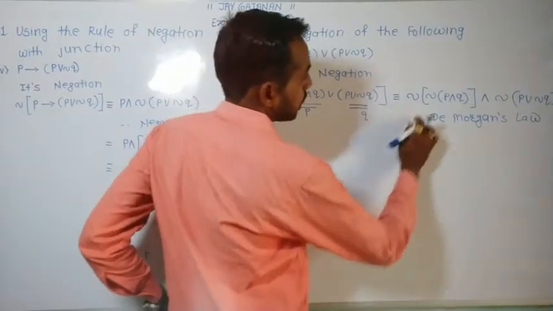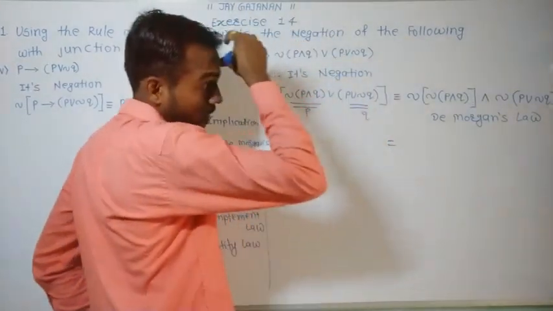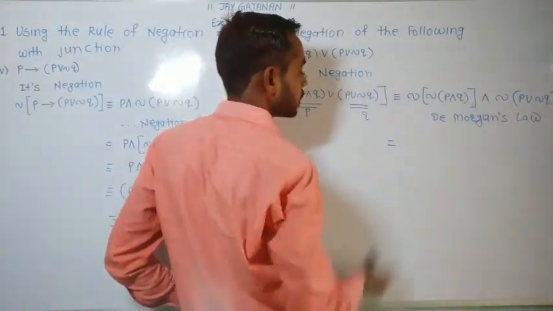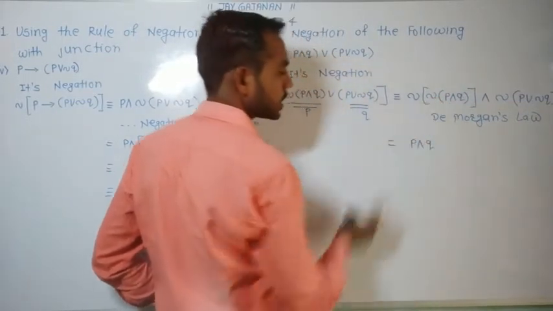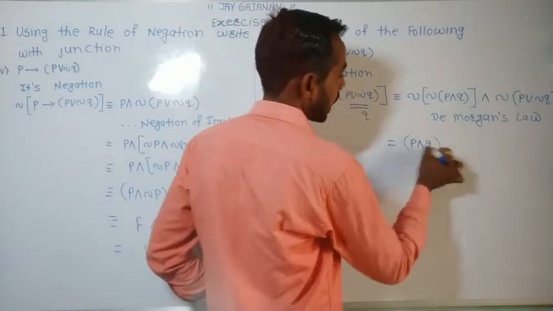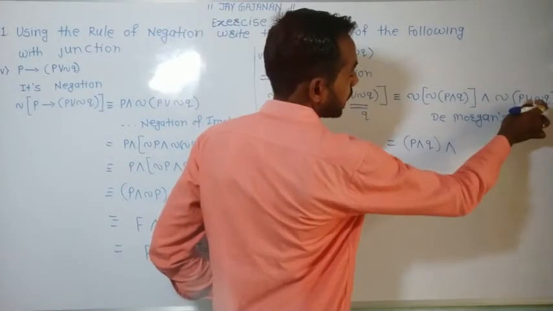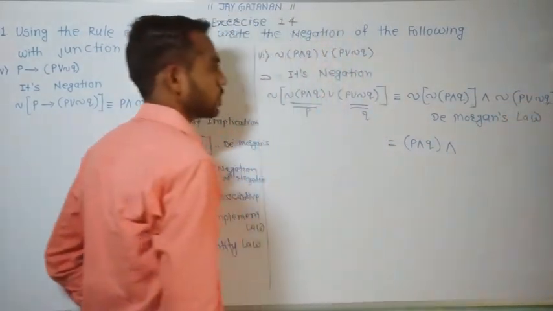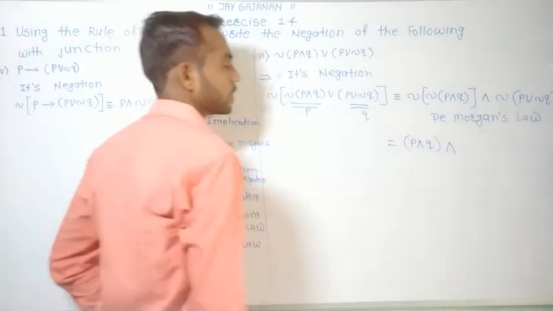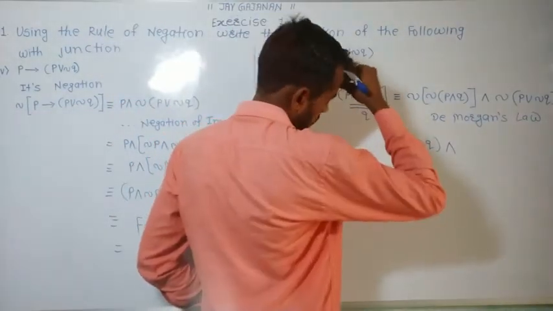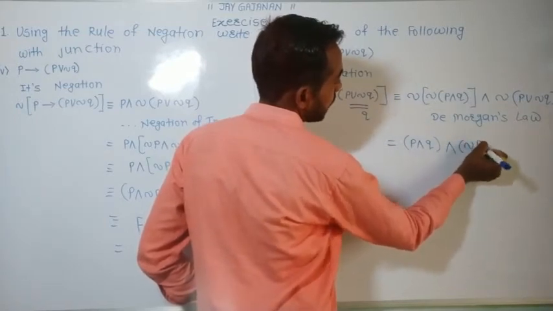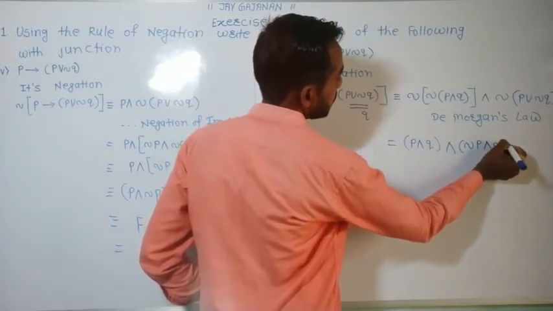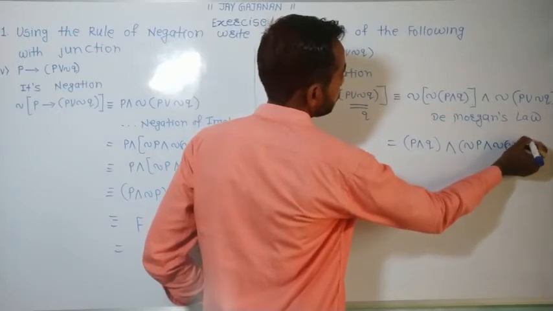Now negation of negation is the statement, means P and Q. Negation gets cancelled. And negation of (P or negation Q). Applying here the negation of disjunction, it becomes negation P, or replaced by and, negation of negation Q.